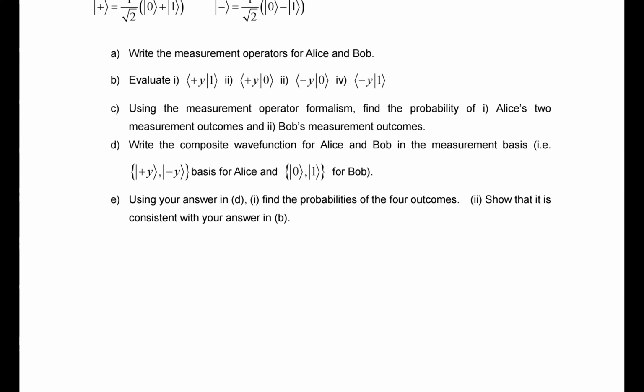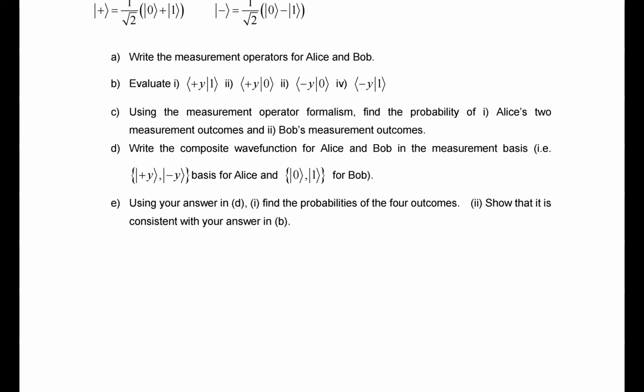So the task in the last part, question E part 2, is just to say that in part C, we got a half for both Alice and Bob. All the cases were probability half. Because this is a composite measurement, it's those two multiplied, and then it agrees with the probabilities that you get just by looking at the wave function.